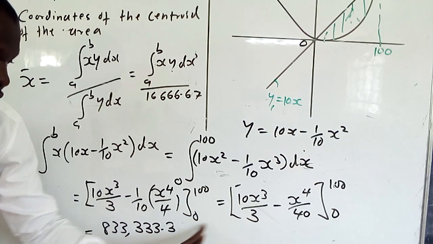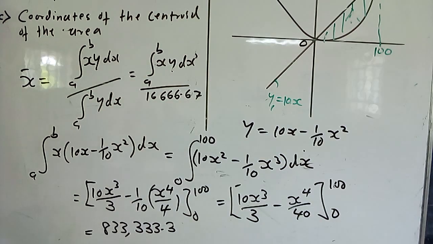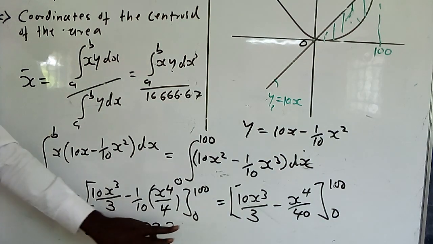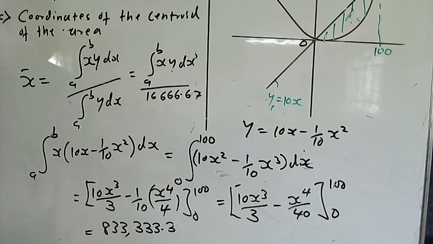Then it is minus the lower limit, which is 0, meaning you remain with that. The upper limit is this, the lower limit is 0. So it is this minus 0, meaning that is the answer. Are we together? Yes. Good.